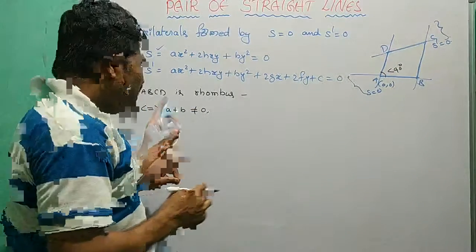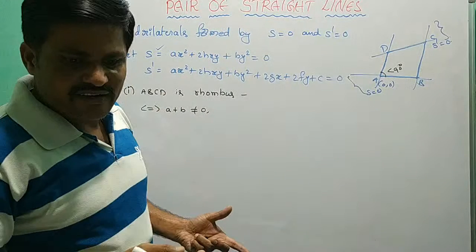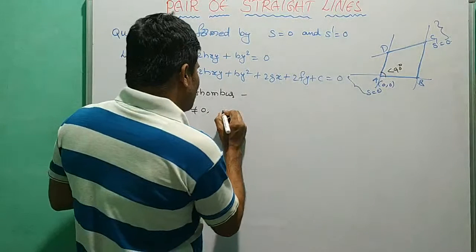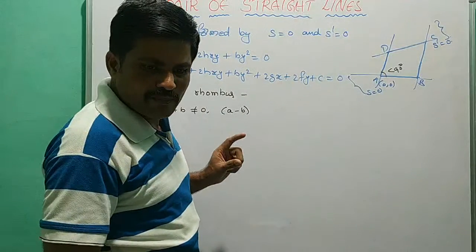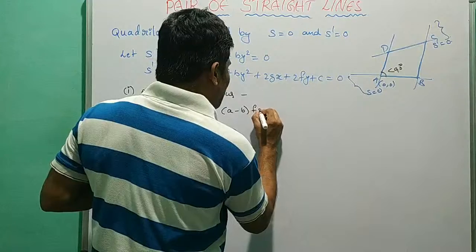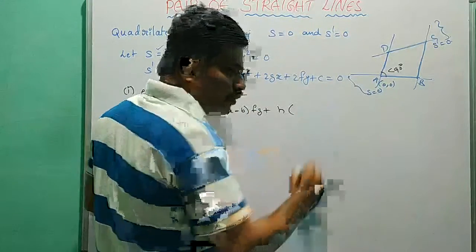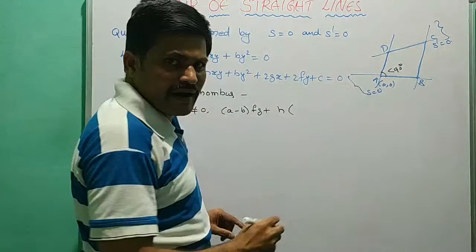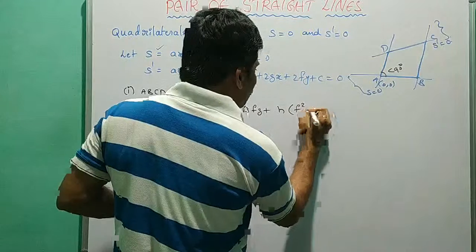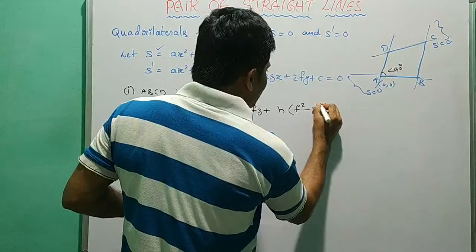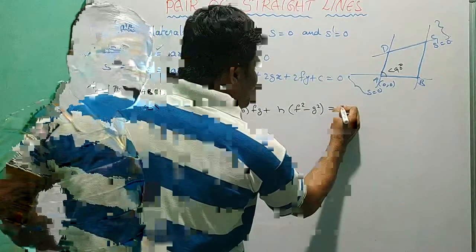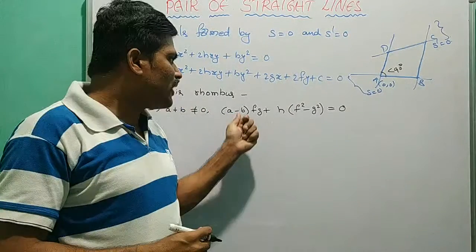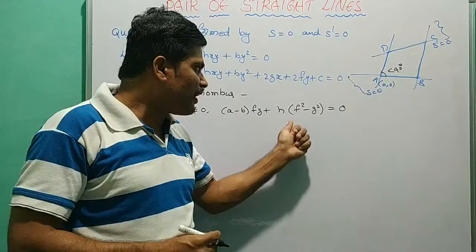And here, the other condition is b into a minus b into fg into f square minus g square equals a g plus h square.